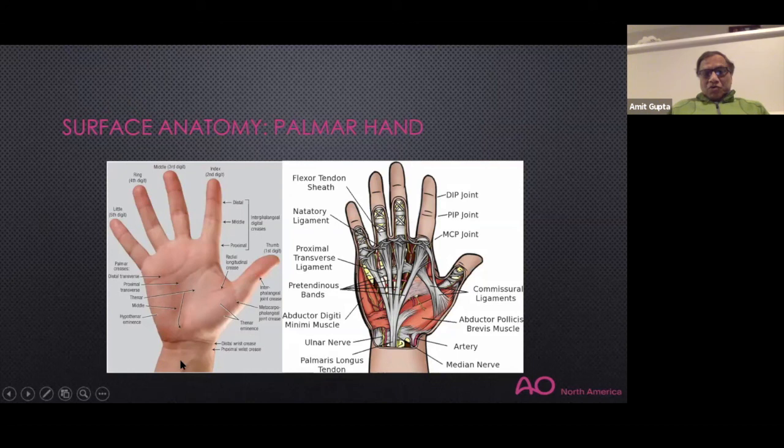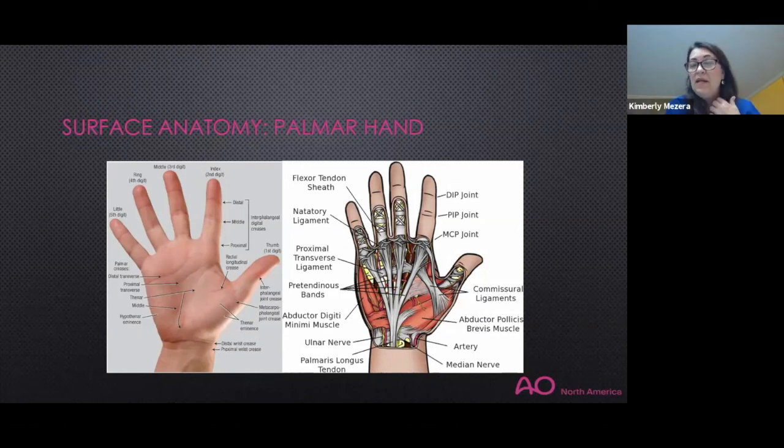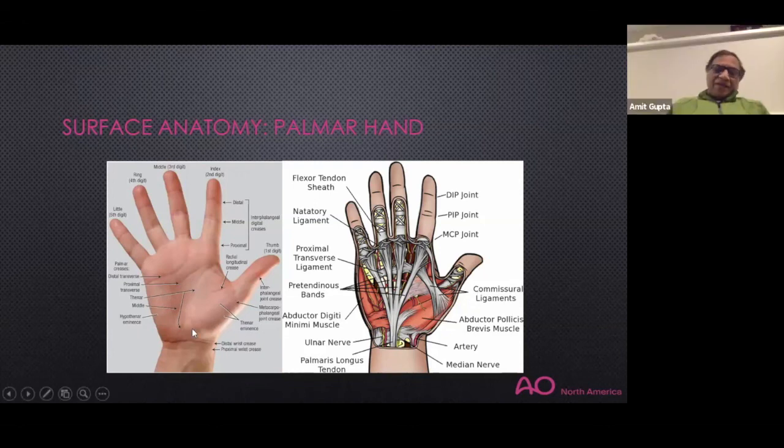So go more towards the radial side. That's a good point. You also have to be aware on that radial side that you may have your palmar cutaneous branch. But by that time you're deeper, you've looked at your transcarpal ligament, you're in a deeper plane.